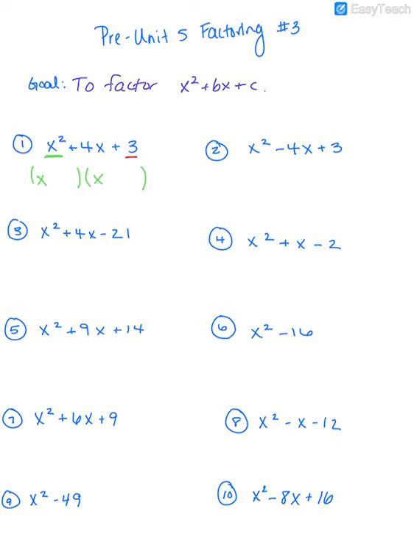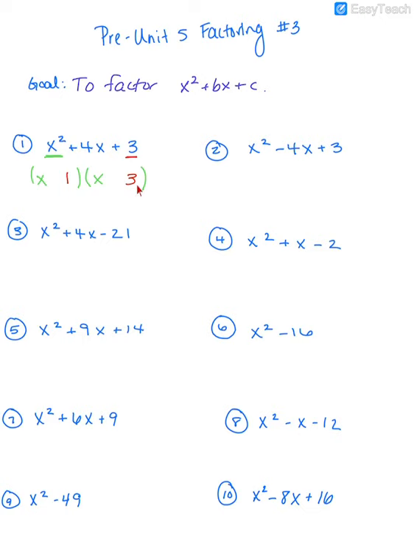Now, your last times your last always gave us this number right here. So we have a couple options here. You could do 1 and 3, but really that's the only way 1 times 3 gets us 3. There's no other factor pair that gets us to 3, so we're going to have to do something with 1 and 3 here. And then when we were to FOIL this, when you do your first times your first, you get x squared.